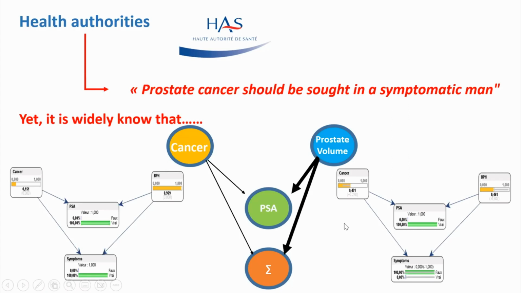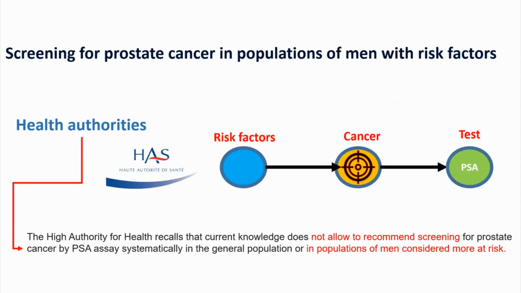And if you use prostate-specific antigen for a symptomatic man, it is the worst situation to predict prostate cancer. The performance, the accuracy of PSA, the positive predictive value, is better for men with no symptoms of prostate cancer.